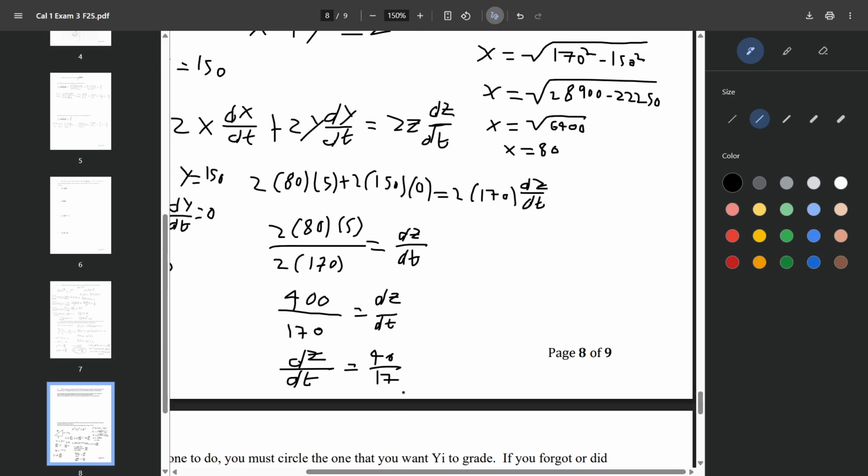And let us write our statement on what that exactly means. So let us label our variable: feet per second.